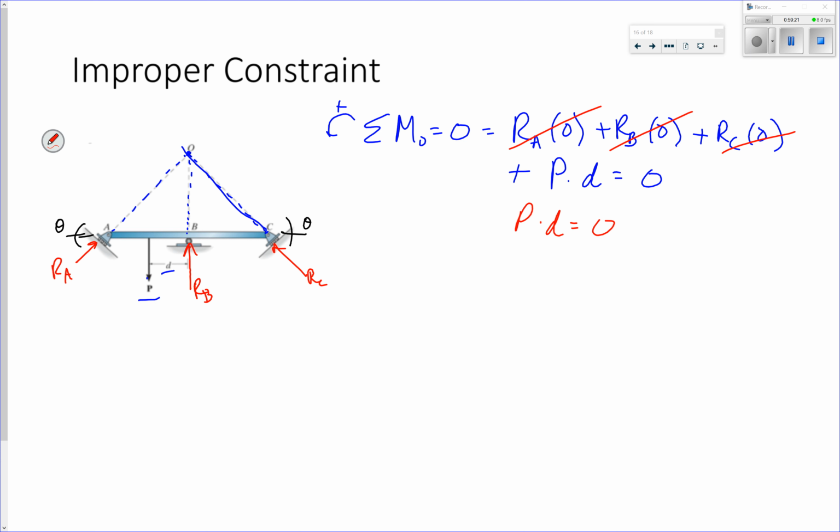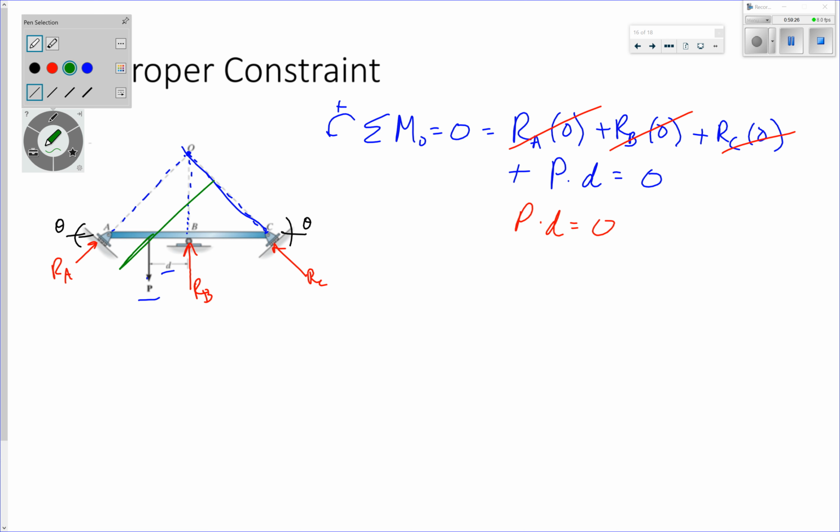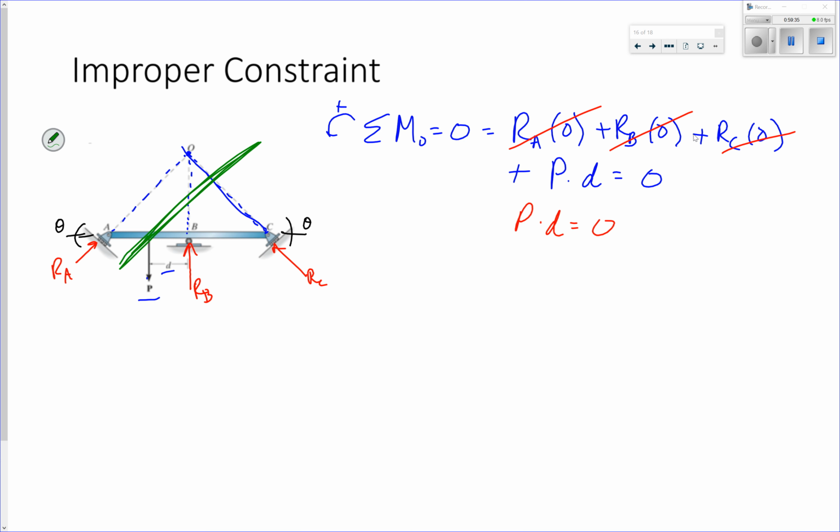Let's say I did apply that force. Probably have something like that. And then my beam would just fall down. Right? It would pivot about that B, and it would be unstable. This is an example of your forces being concurrent. All right.